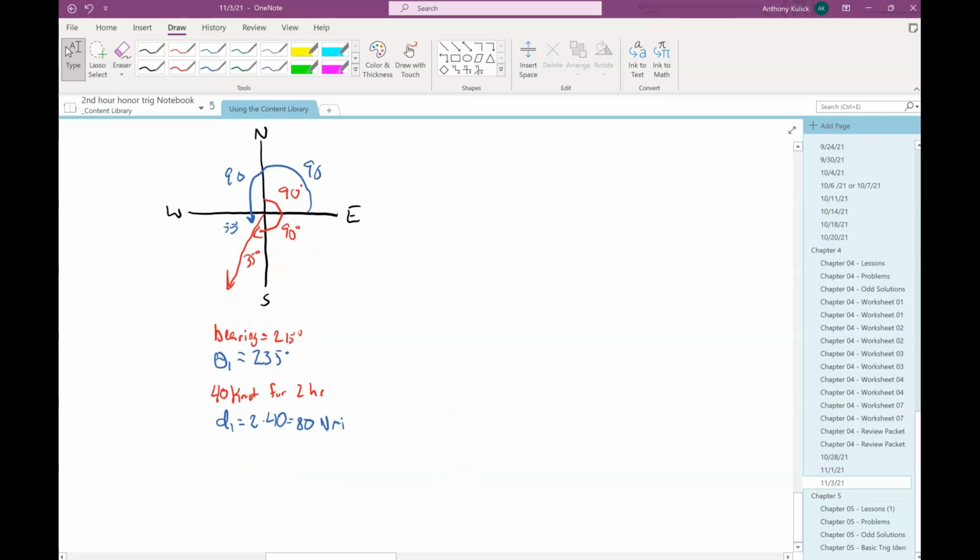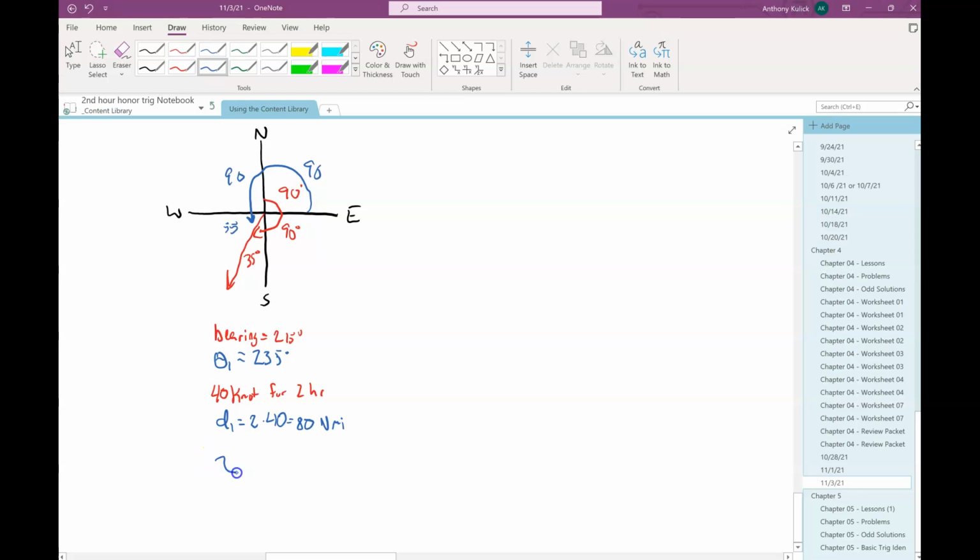Is that okay? So that 80 nautical miles is representing the length of that arrow that we drew there, right? That's how long it is. In the standard position angle, our theta is representing which way that arrow is pointing. Does that feel okay?